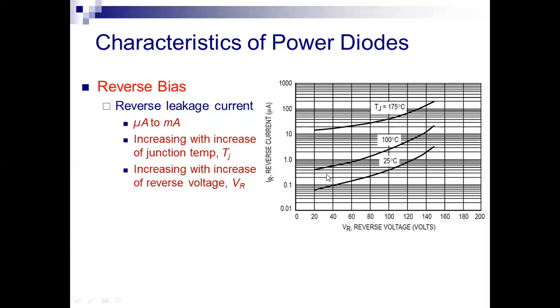After 100 degrees Celsius, the reverse current increases up to this much value, with the increased voltage at the same time. And the junction temperature is also increasing up to 175 degrees Celsius. This is also under the reverse biased condition. Applying reverse voltage is the most dangerous with respect to the temperature.